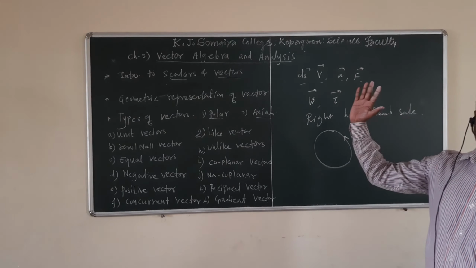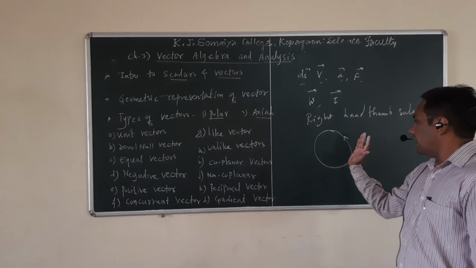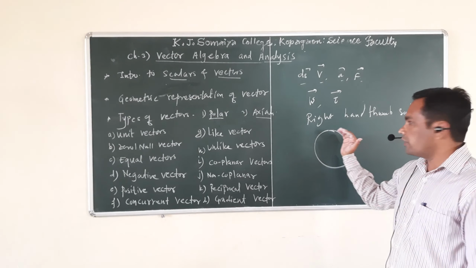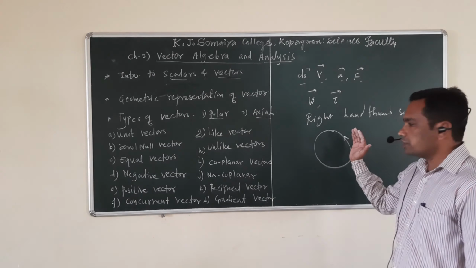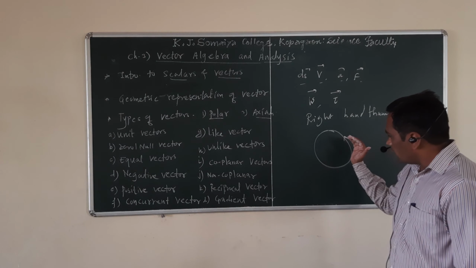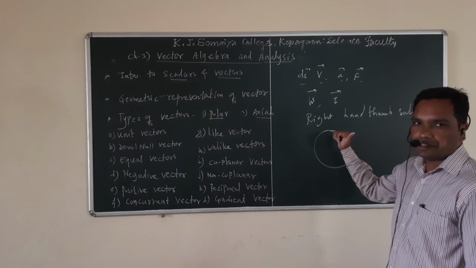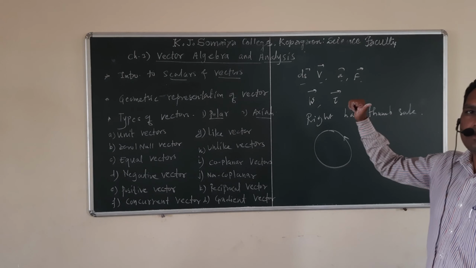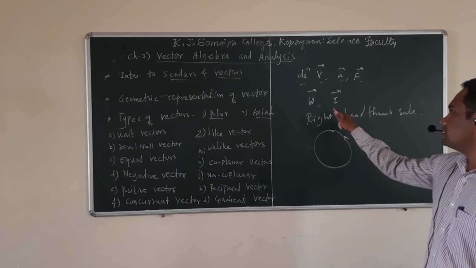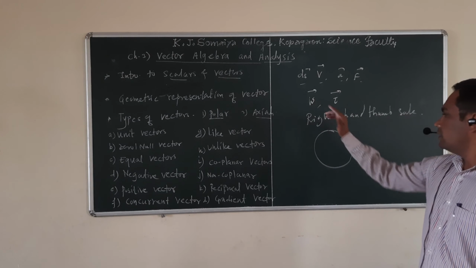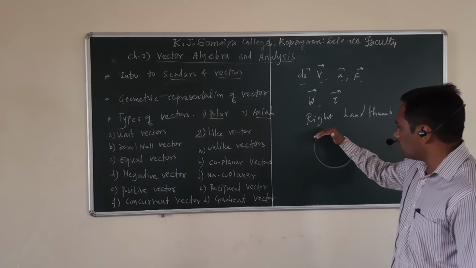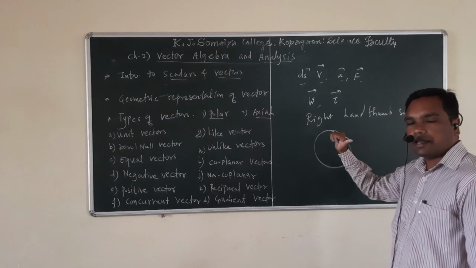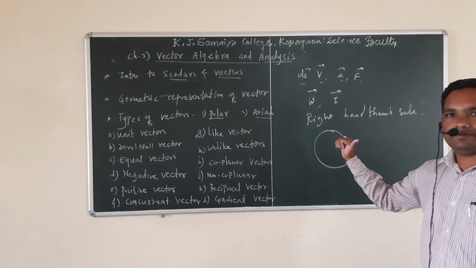Take your right hand, and in whichever direction that object is performing motion, curl your fingers in that direction. Then your outstretched thumb gives the direction of this vector.